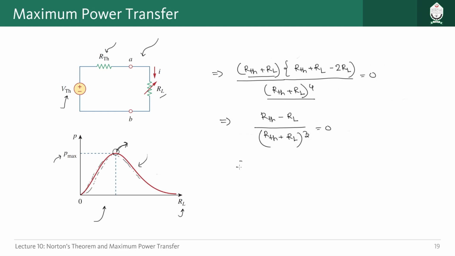So we can finally say that RTH minus RL is equal to 0, or RTH is equal to RL. This is the final verdict we get here. So that means if RL is equal to RTH, or equal to Thevenin resistance, then we will get the maximum power transfer. So this point here should be RTH, right?